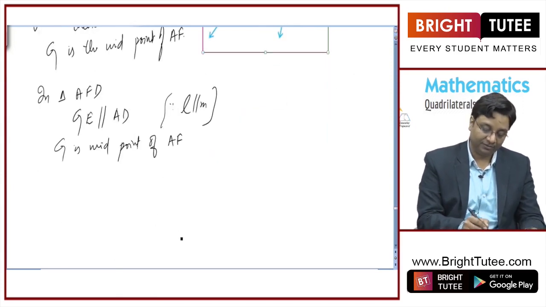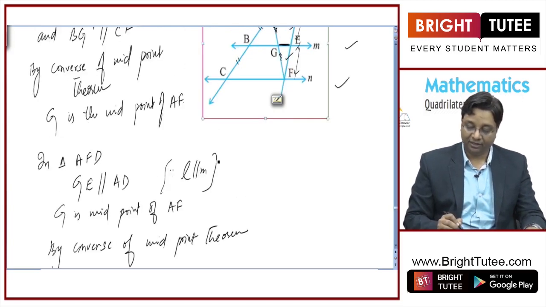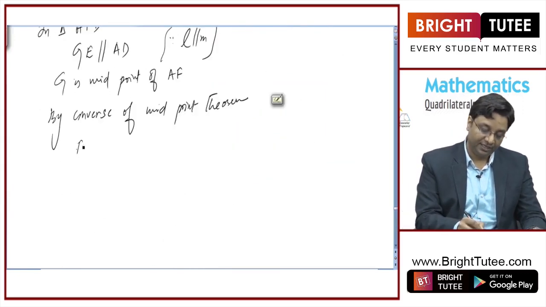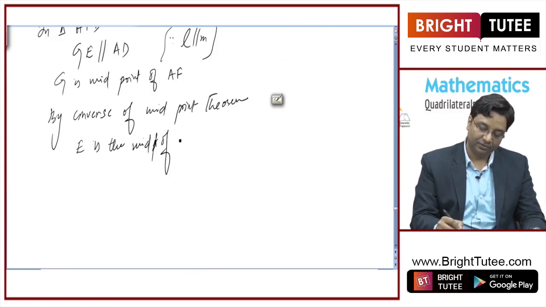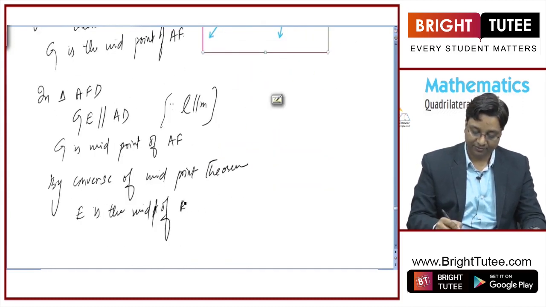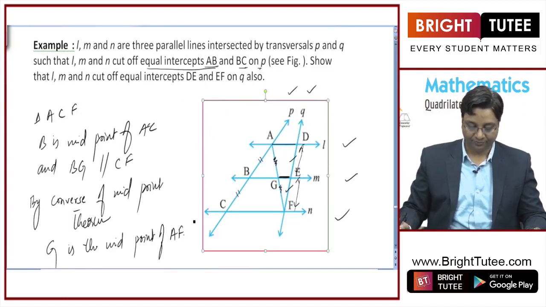So again by converse of midpoint theorem, what can you say about point E? E is the midpoint of DF, and this is what we had to show. If E is midpoint of DF, then DE is equal to EF.